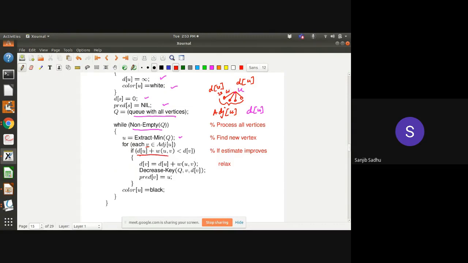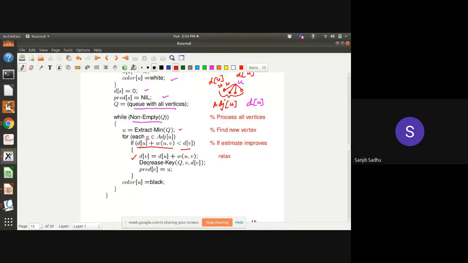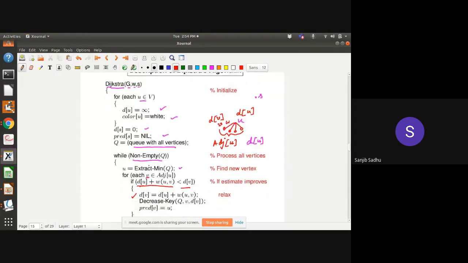If dU plus WUV is less than dV, then you update it, means you change the dV value. dV will be this dU plus omega of UV and decrease the value of the priority Q. Okay, and you take a predecessor as the U. You will follow this and you make the color of the vertex U as the black. So in this way you process all this until the queue becomes empty.